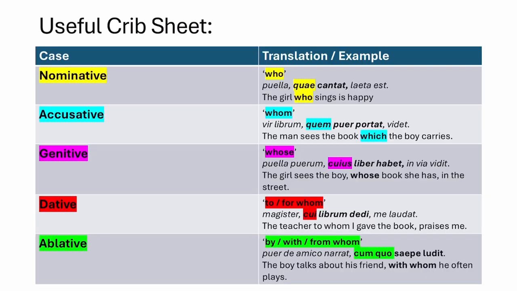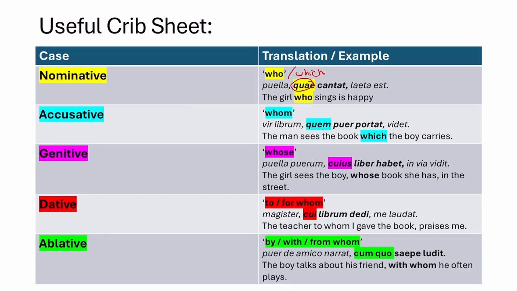This is just a useful crib sheet about all the different ways that you could translate your relative pronoun. So if it's in the nominative, it's going to be either who or which. So it could be the girl who sings is happy. Nominative, quae. So who or which. I forgot to put in the neuter options here with this sheet, but I'll add them in as we go.